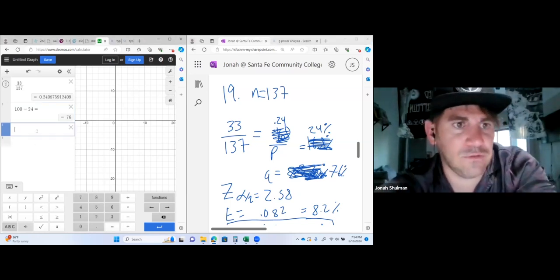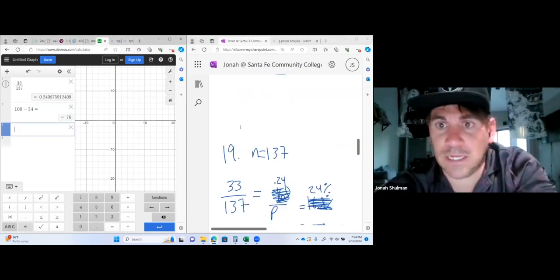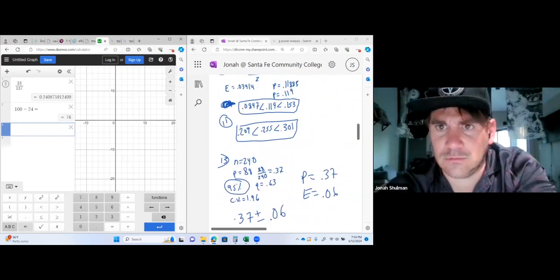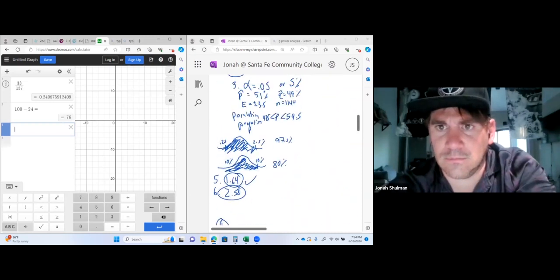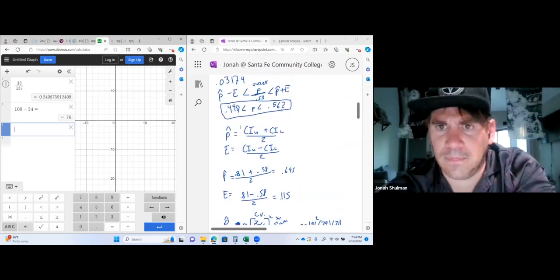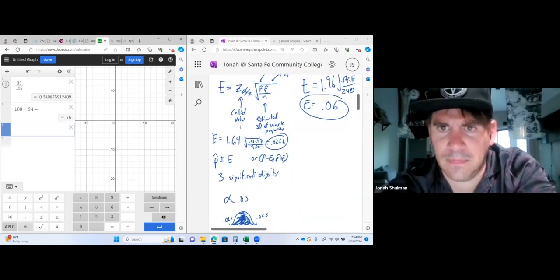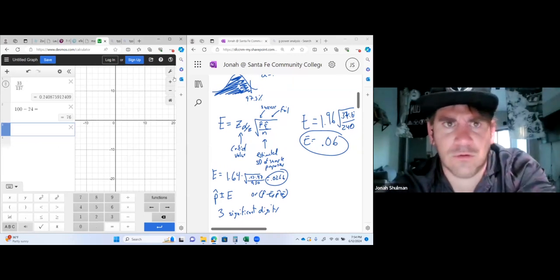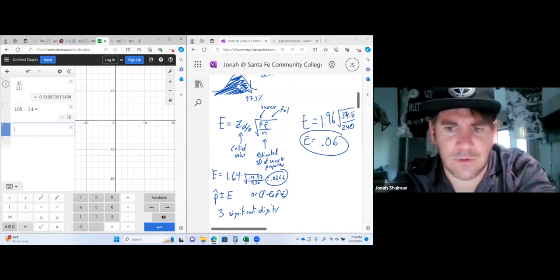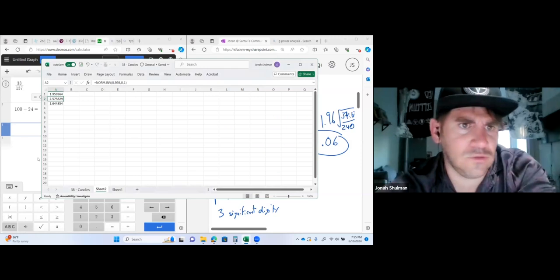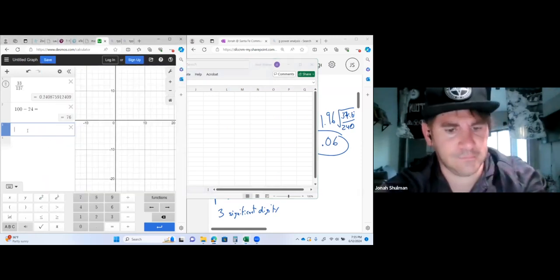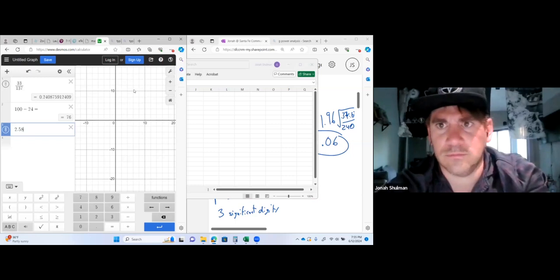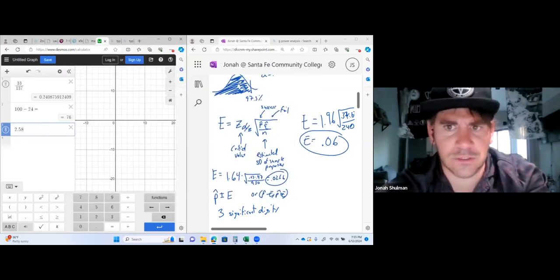So all I have to do is the formula again. I'm going to go back to the top of the formula so I don't make a mistake. So we know the first value is going to be 2.58, our critical value.